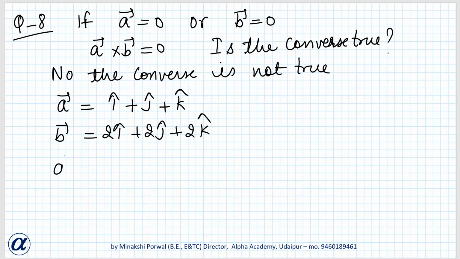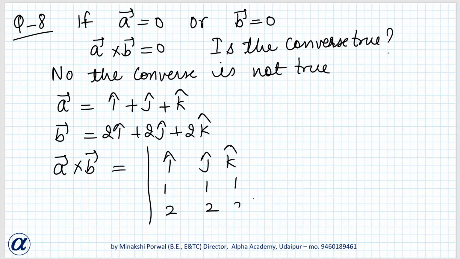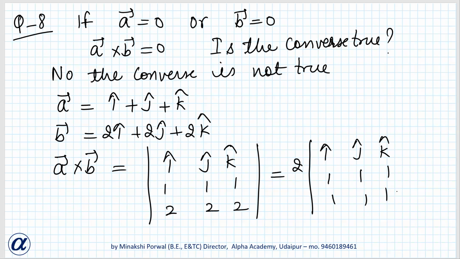So when we find A cross B, it is equal to the determinant of ijk, 1 1 1, 2 2 2. If we take 2 common from the third row, it is 1 1 1, 1 1 1. So it will be equal to 0. So A cross B is 0 even if A is not 0 and B is not 0.